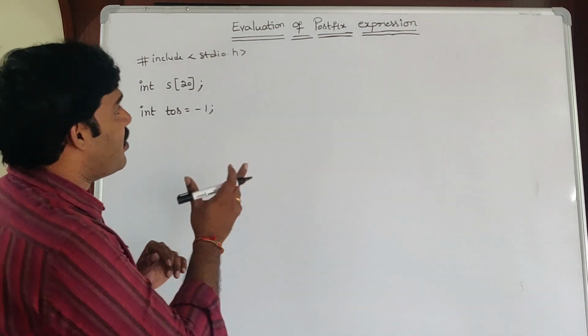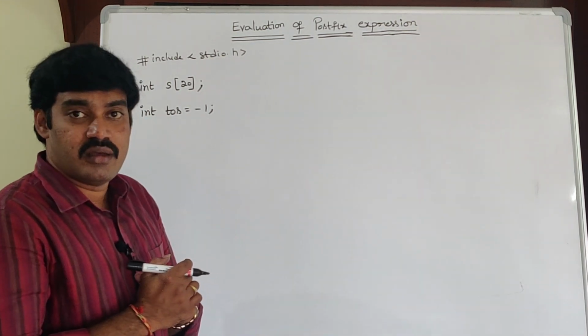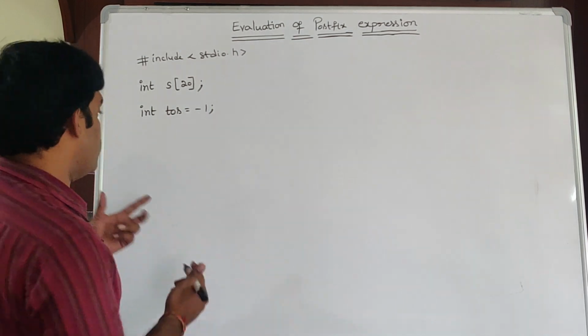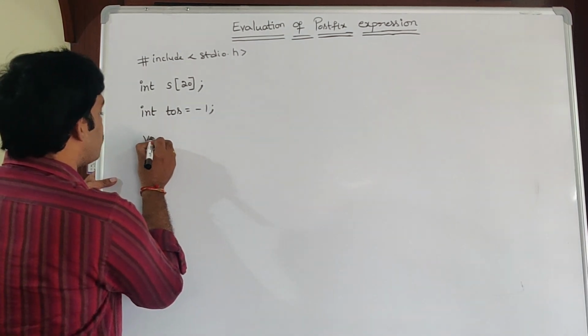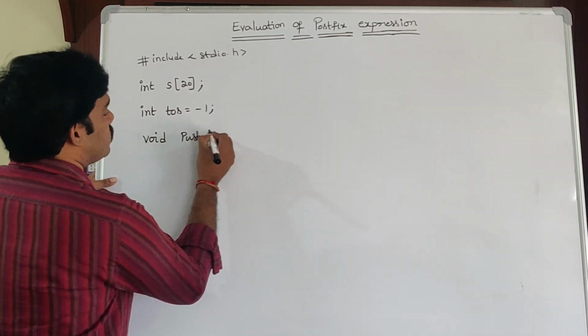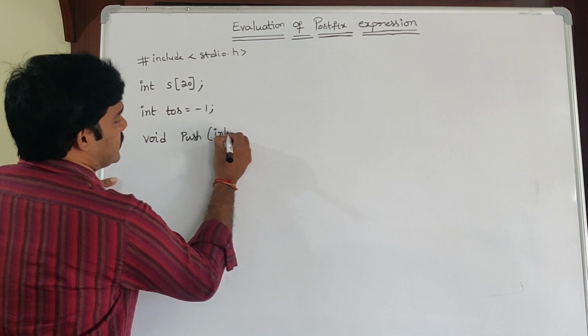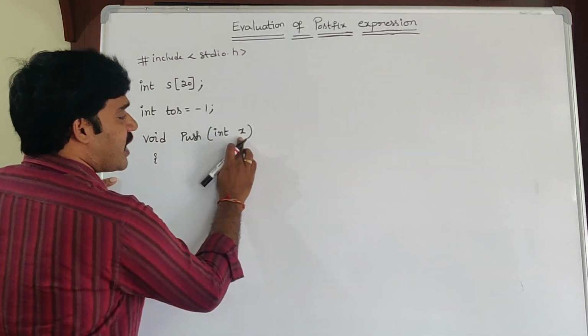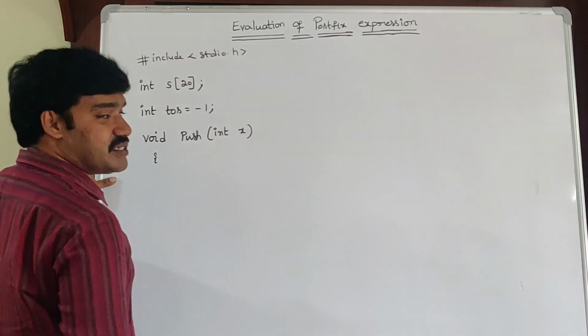Next, in evaluation of postfix expression, we need two functions, the push function as well as the pop function. So write the definitions for push as well as pop. void push(int x). X is a variable of which data type? Integer data type. Why?